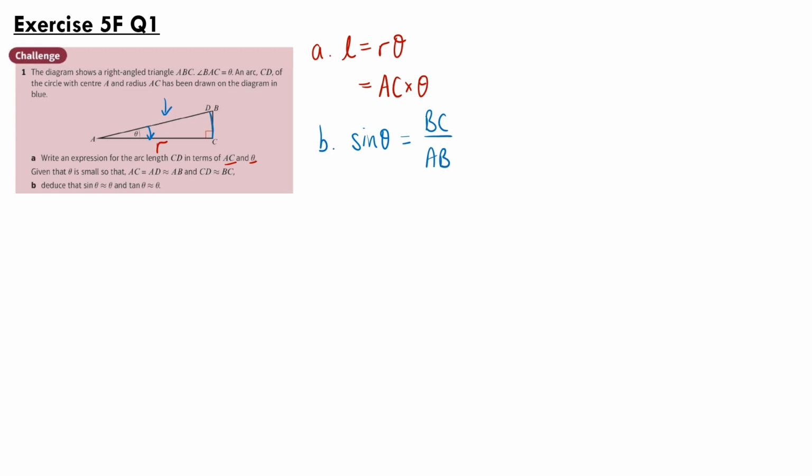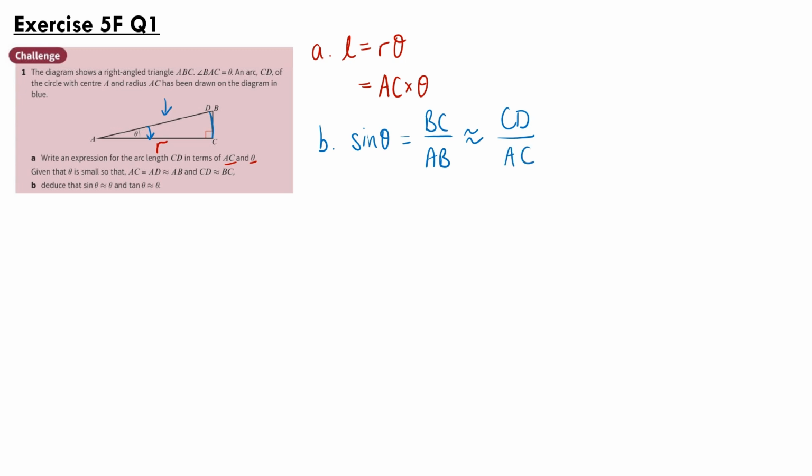And we know this is approximately equal to, well, BC is the straight edge that we know is approximately going to be equal to the arc length, CD, as theta gets smaller and smaller and smaller. And we know AB as the hypotenuse is approximately going to be equal to the radius as theta gets smaller. So that's approximately equal to AD or AC.